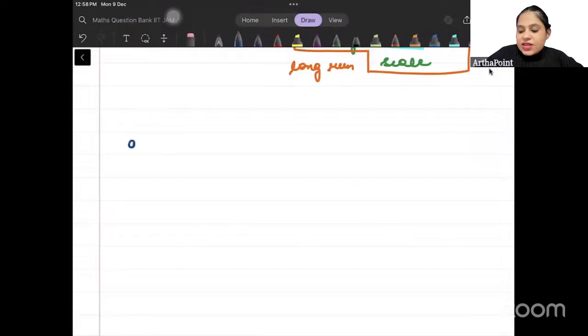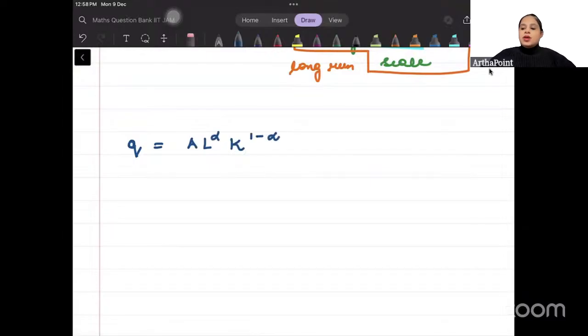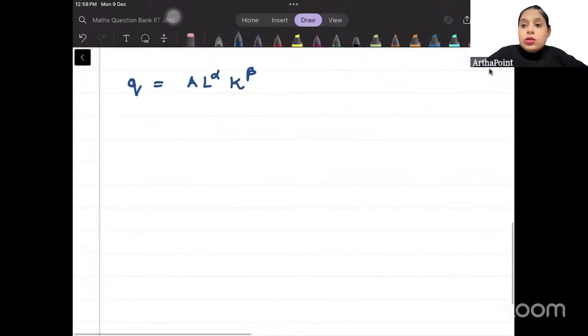So I can say that my production function can be written as A L to the power alpha, K to the power 1 minus alpha. You may or may not write the technology factor, it is fine. You can also write this as beta, does not matter. Because if I just write currently 1 minus alpha, it automatically becomes CRS. We need to write for all three.